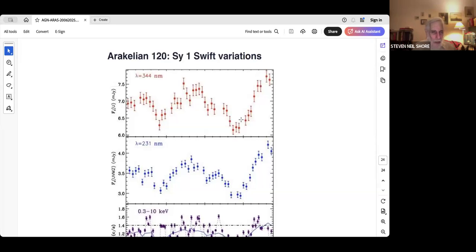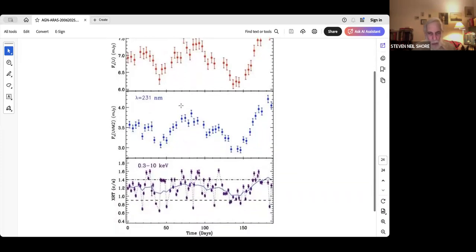And the part that's important is this is the variation of a type 1 Seyfert. And it is kind of sort of periodic. There are some active galaxies that are even more periodic than this. I just want to show you that this is what is going to show up in the reverberation maps.